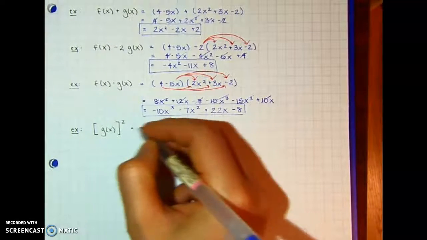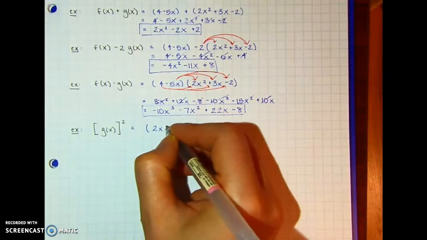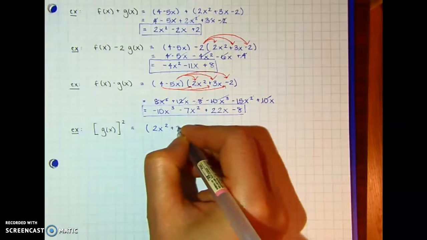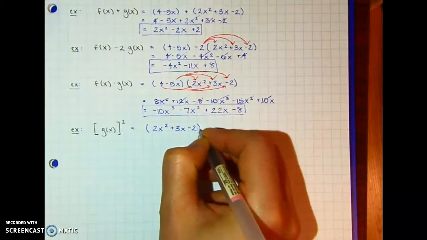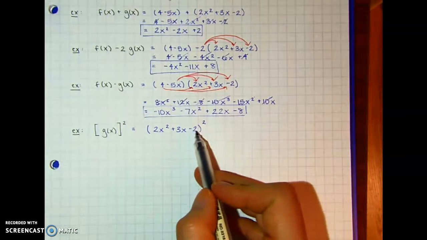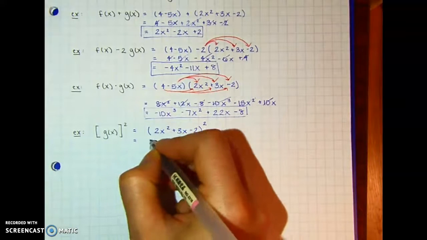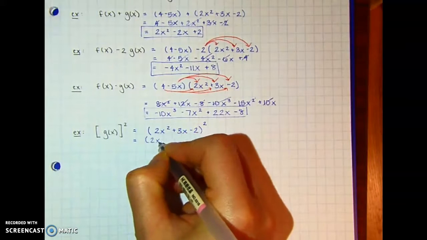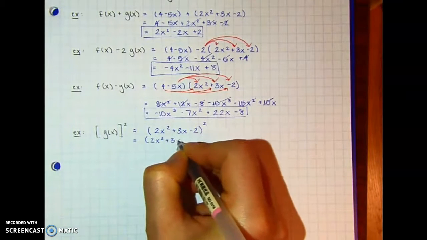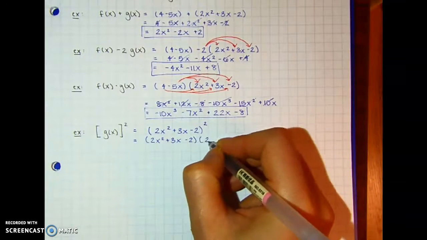So we're going to take our g of x function, which is, this is going to be a doozy, 2x squared plus 3x minus 2, and then we're going to square it. So the first thing we need to do is expand this, right? This being squared is this whole thing times itself. I hope everyone's watching this video. This is a good problem.